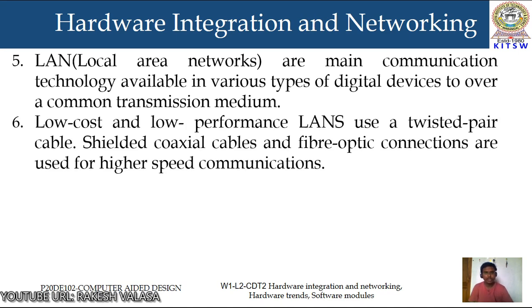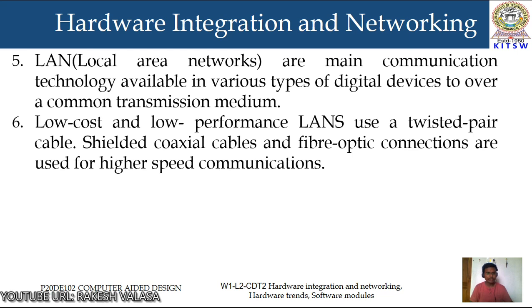In this, we are using three different types of cables. Low cost and low performance LANs use a twisted pair cable. The second one is shielded coaxial cables and the third one is fiber optic connections, which are used for higher speed communications. Let us briefly discuss these three types of cables.